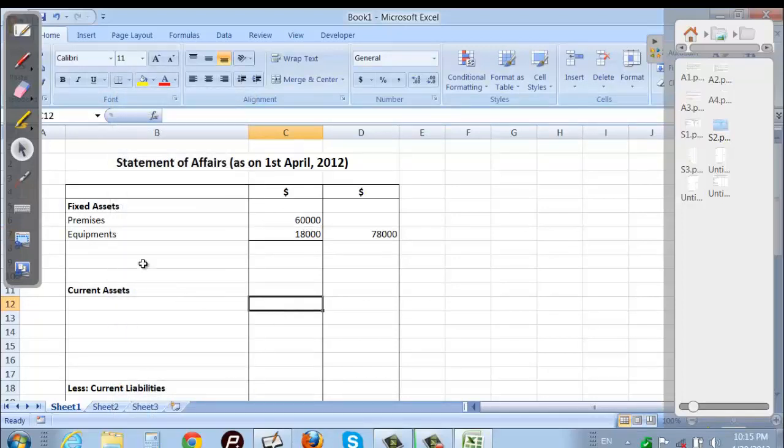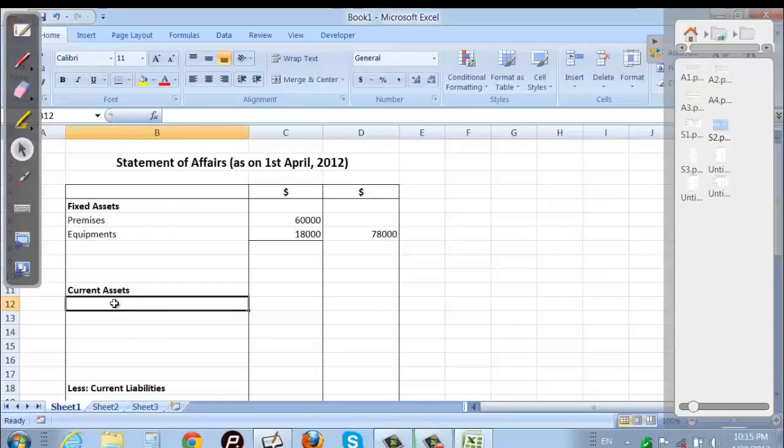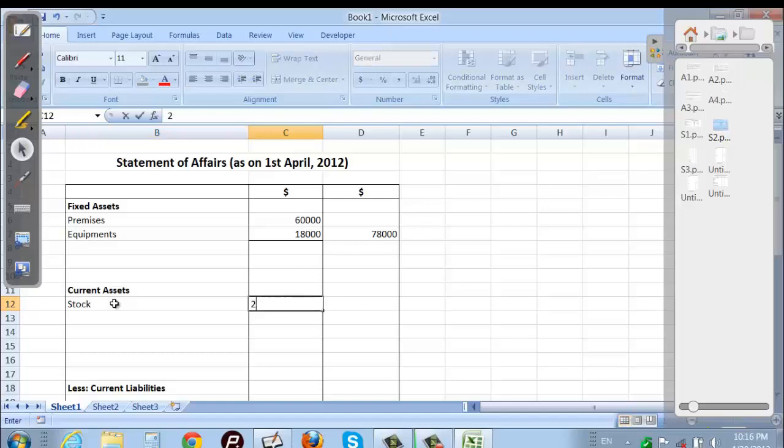Now after considering fixed assets, we will consider current assets. So we have the current asset stock, and on the first day the value is 28,100. So we will consider this item, stock, and the amount of stock is 28,100.